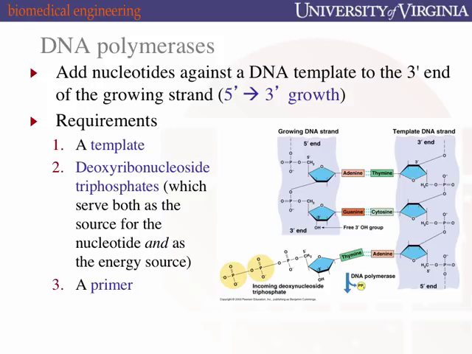It also needs an energy source and a monomer source to be able to proceed. And that energy and monomer source is provided by deoxyribonucleoside triphosphates, or just dNTPs for short. And then, as I said, it needs to already have some sort of pre-existing nucleic acid template to elongate.